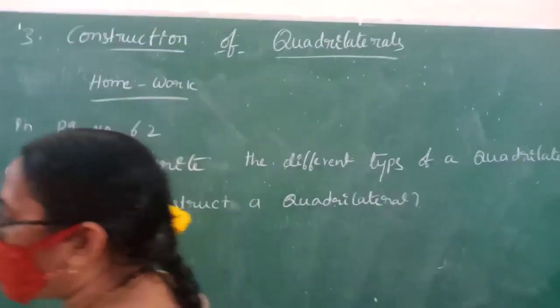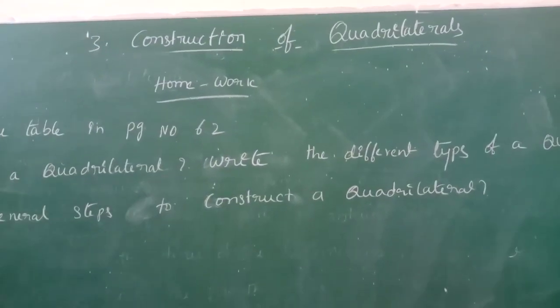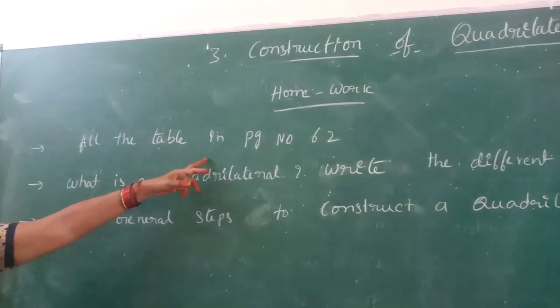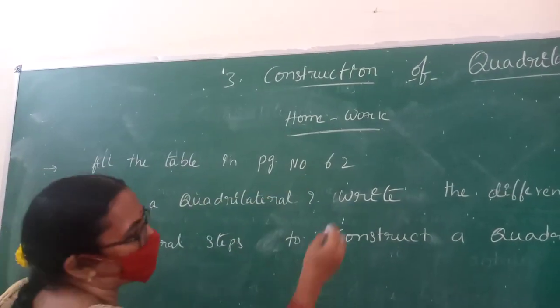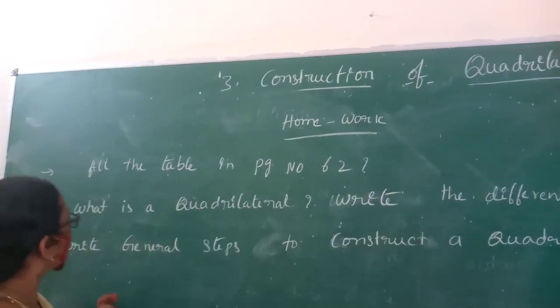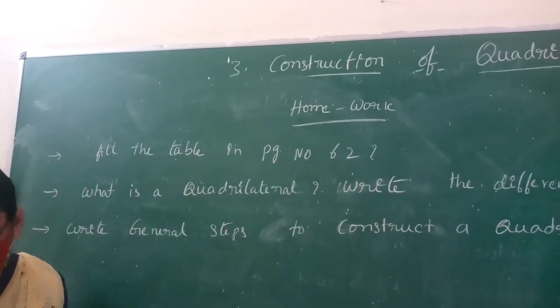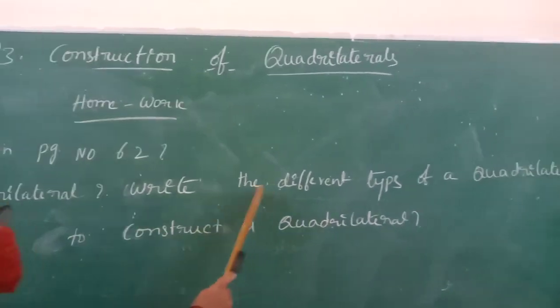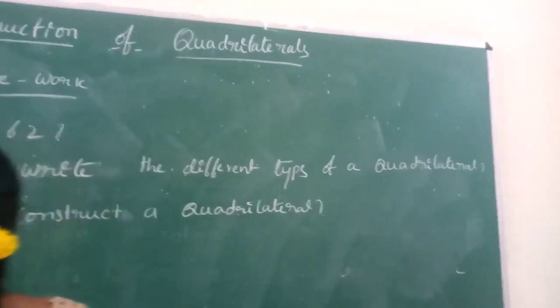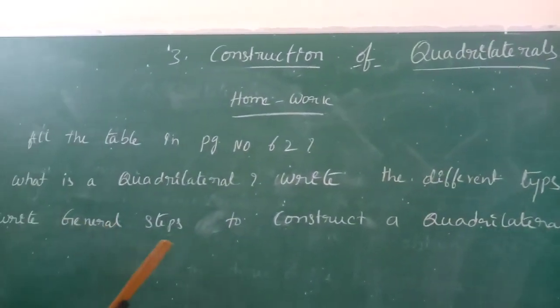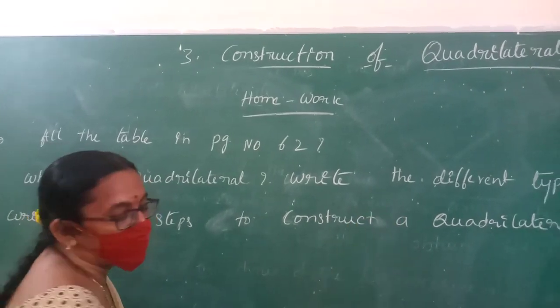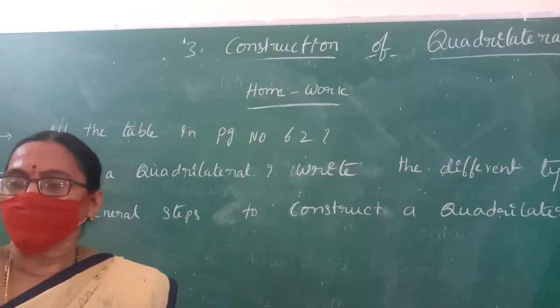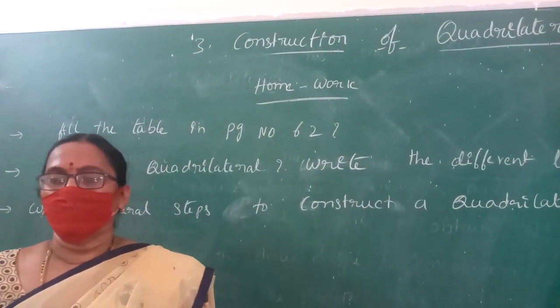Okay, all of you note down. Fill the table in page number 62 in your textbook. Second one, what is a quadrilateral? Write the different types of quadrilaterals. Third one, write the general steps to construct a quadrilateral.